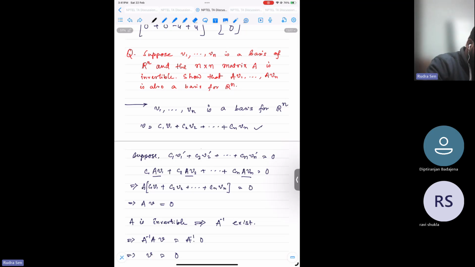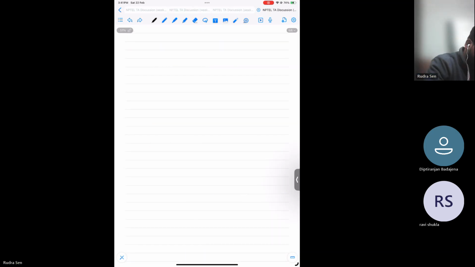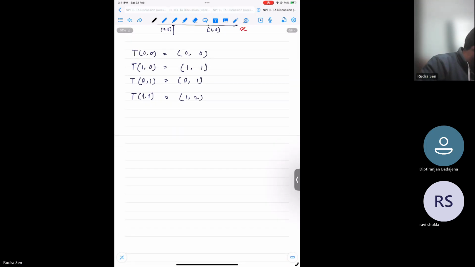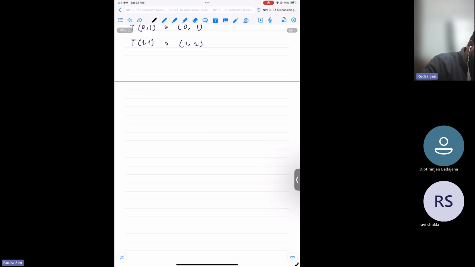Now let's take the derivative. Now another example. The next example is, suppose T transforms V1 to a vector T V1.